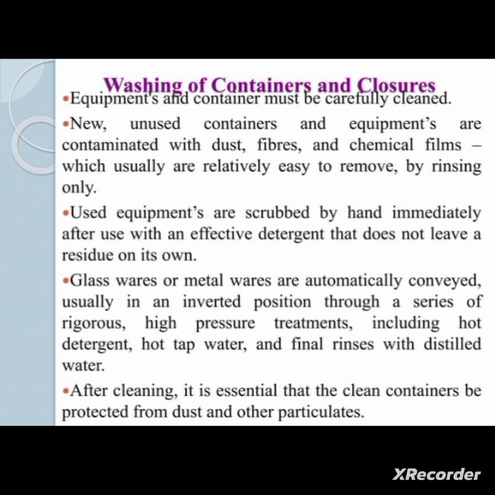Glasswares or metalwares are automatically conveyed, usually in an inverted position, through a series of rigorous high-pressure treatments including hot detergent, hot tap water and final rinses with distilled water. After cleaning, it is essential that the clean containers be protected from dust and other particulates.